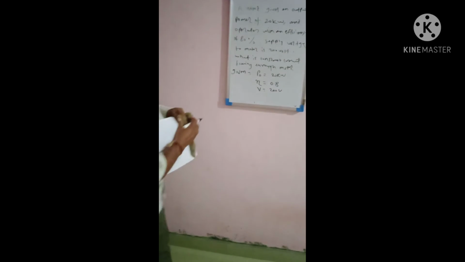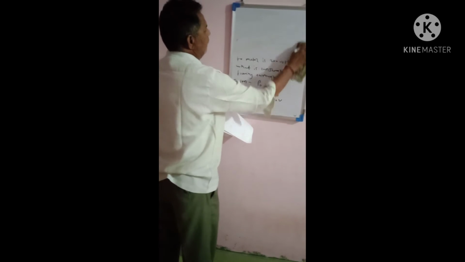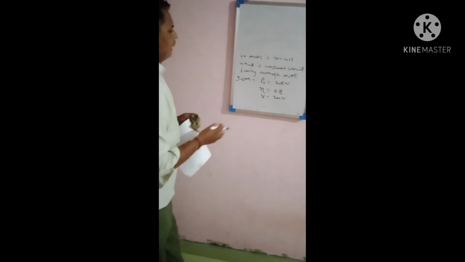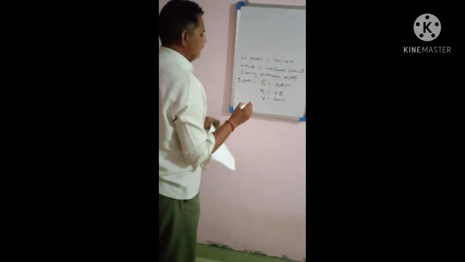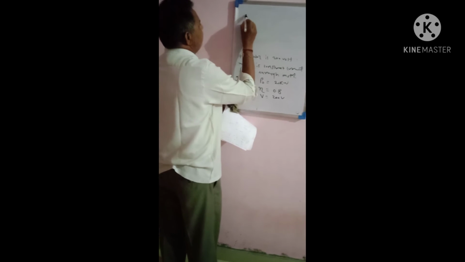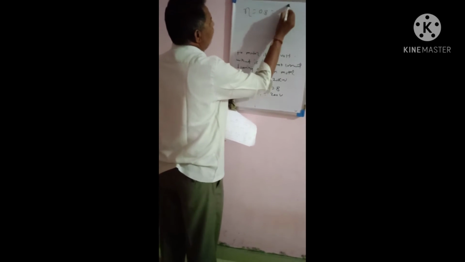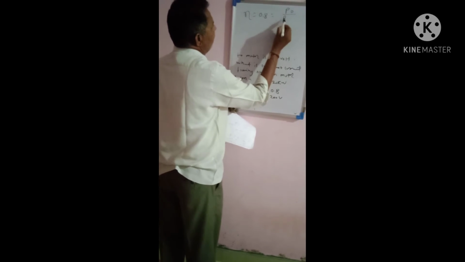Now from this problem we can easily calculate the input current. Now remember that the relation of efficiency and power is in this way: the efficiency eta equal to 0.8 equal to output power divided by input power.